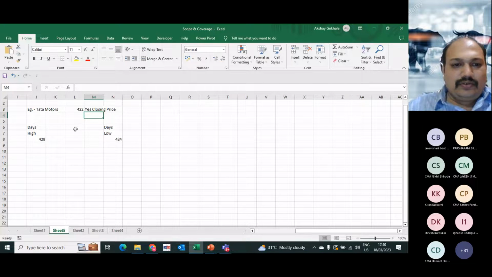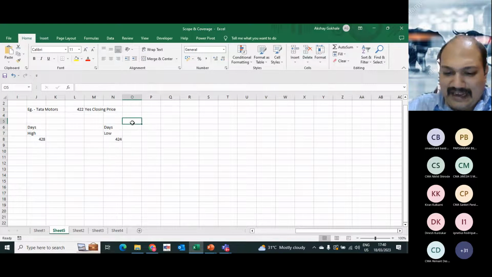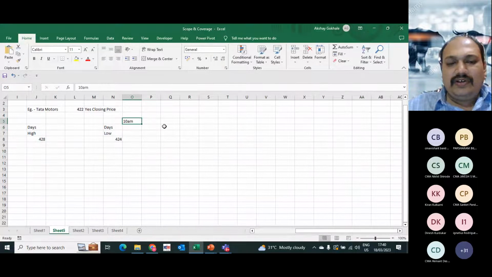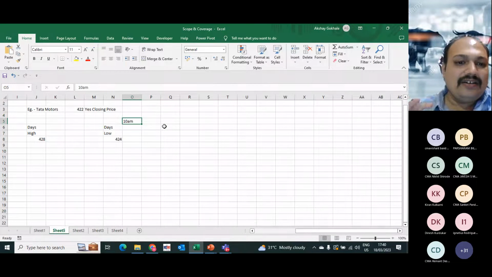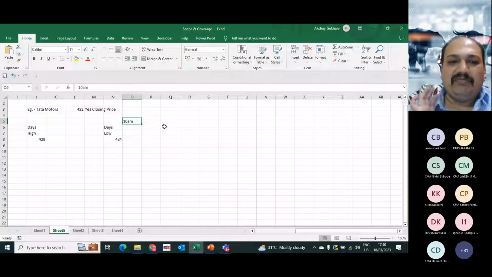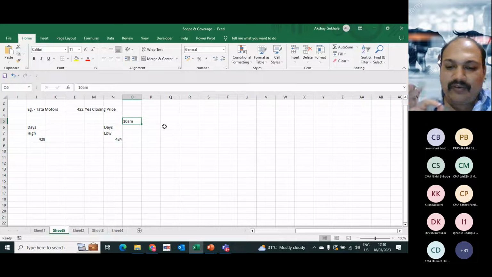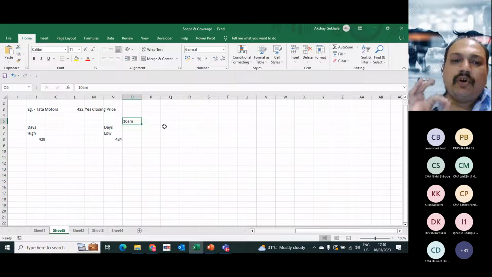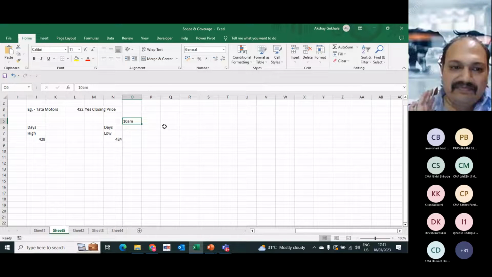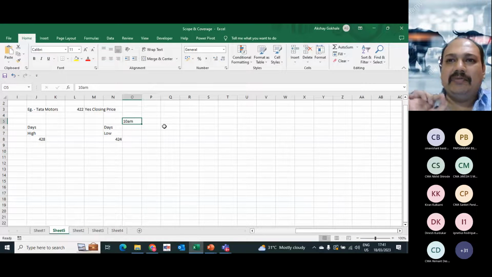Now this is my day high and this is my day low. The first condition: don't trade intraday before 10 a.m. Mark my word, you will 100% lose your money if you trade before 10 a.m. So don't try to trade using this strategy before 10 a.m. Just let the market settle first.